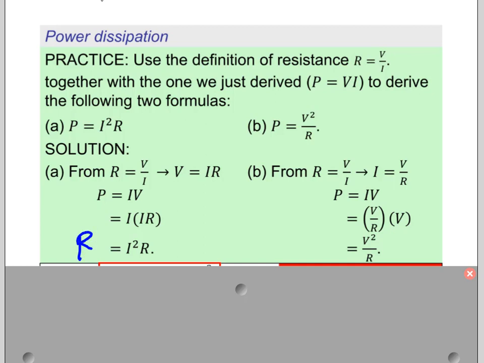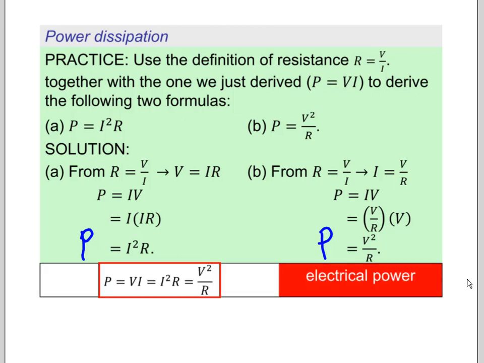P equals I squared times R, or you can isolate the I and substitute it in and get another variation. So if you have a formula sheet handy, this is a good one to have. For electricity, you can have 3 different versions of the power expression that utilize voltage, current, and resistance in different ways. So put that somewhere on your formula sheet. That's good to have.